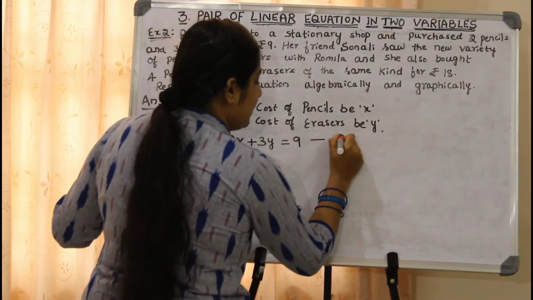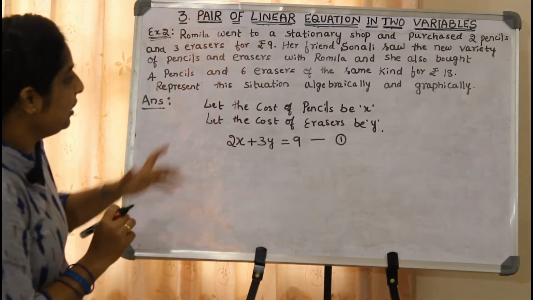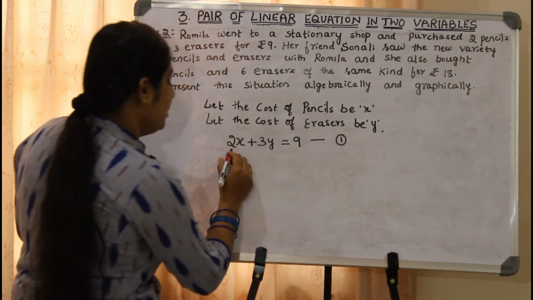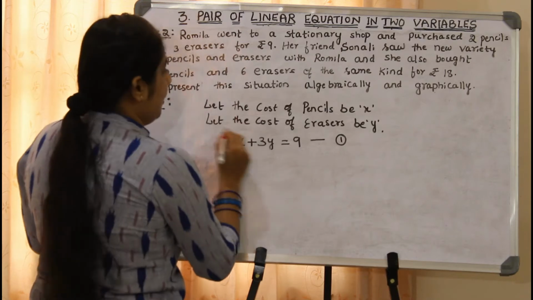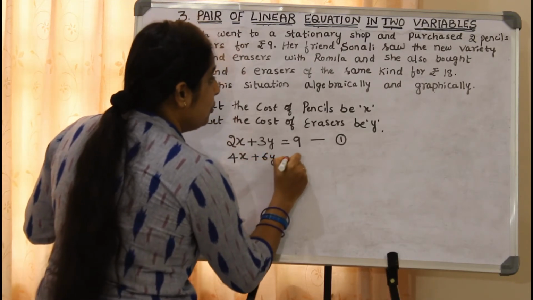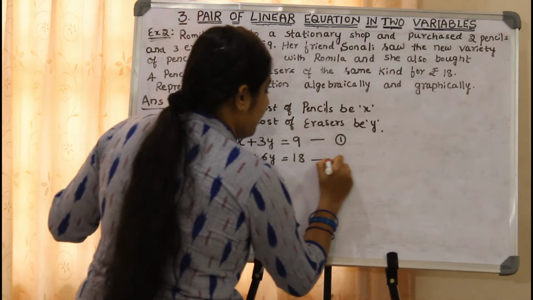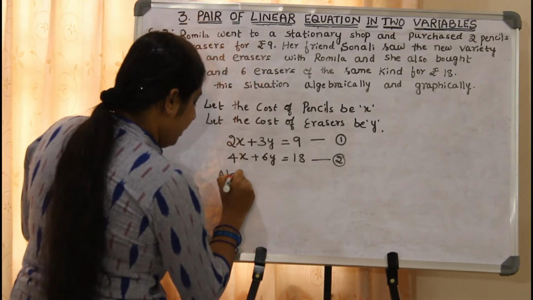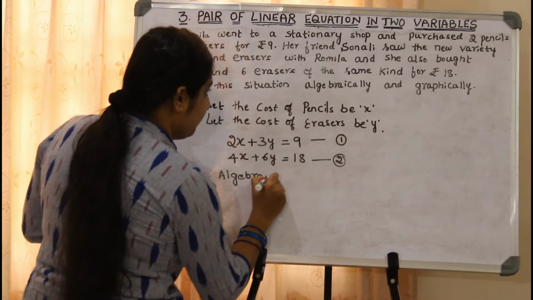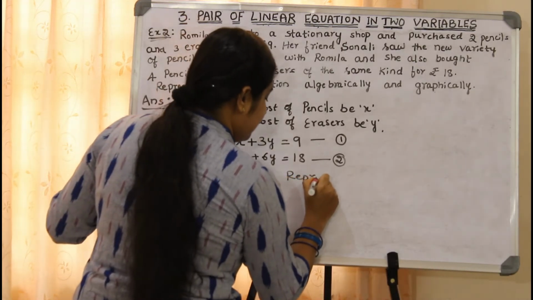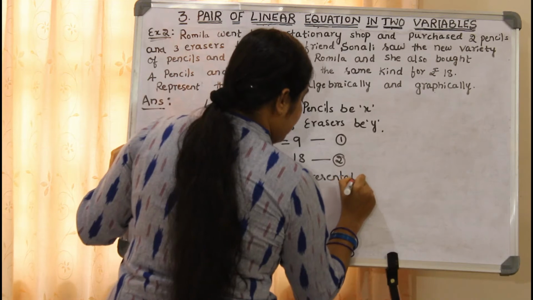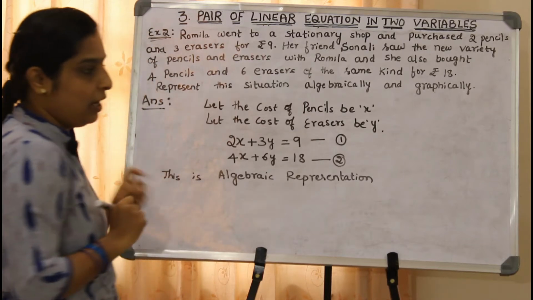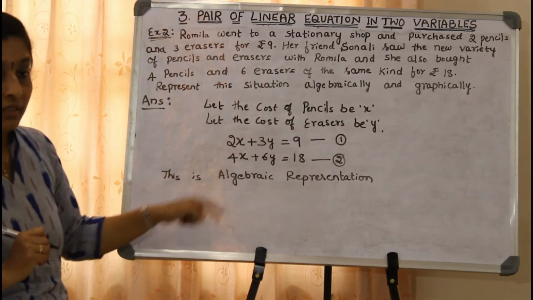So this will be our first equation. Now the second equation is what Sonali got. Sonali got 4 pencils and 6 erasers. So that is 4x plus 6y for 80 rupees. So this is our second equation, and this completes our algebraic representation.